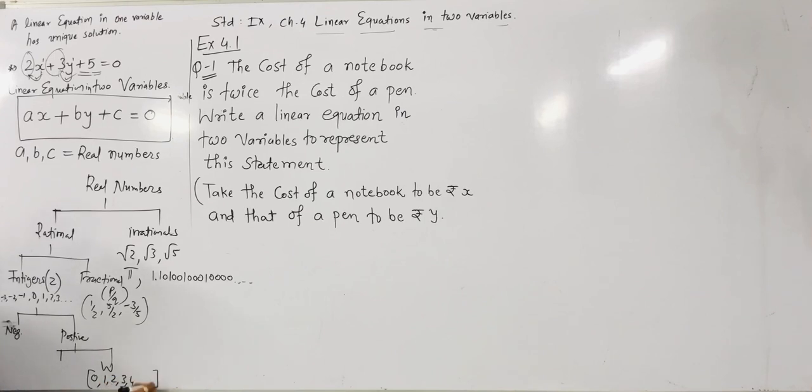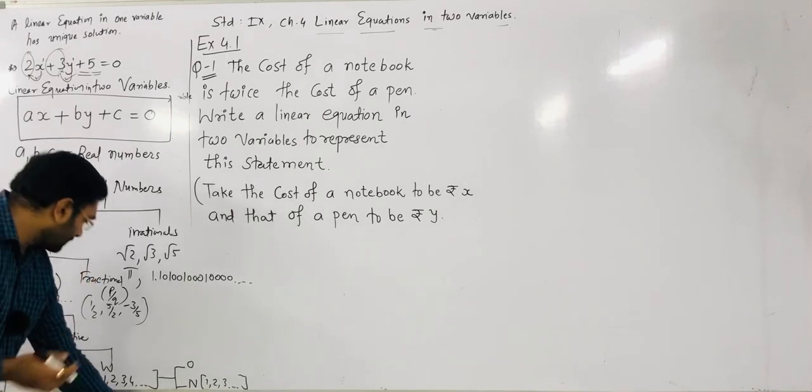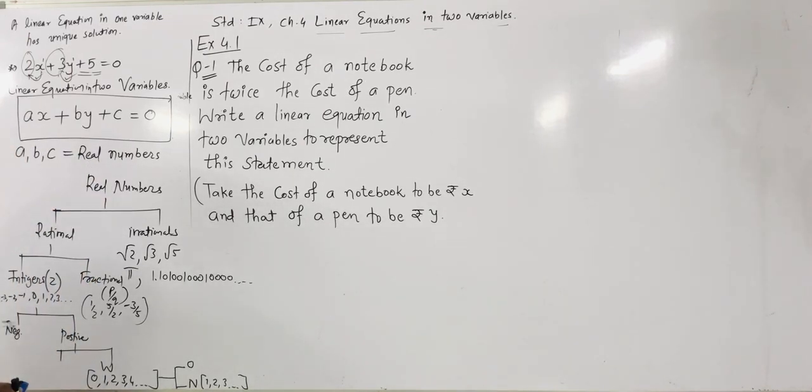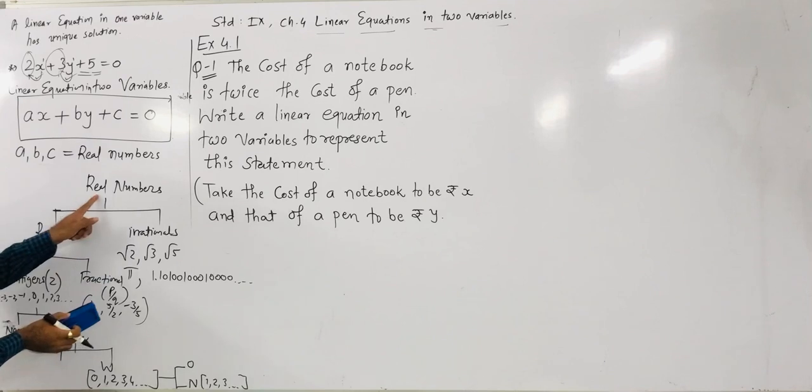And the numbers 1, 2, 3, all these are called the natural numbers.